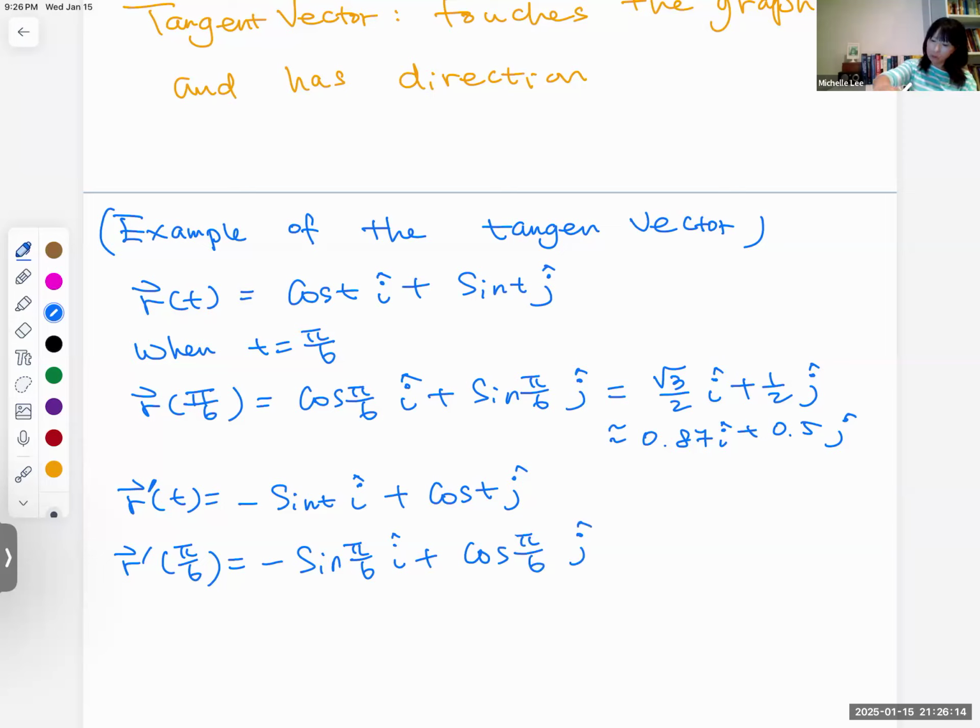So that will be negative 1 half i hat plus square root of 3 over 2 j hat, approximately negative 0.5 i hat plus 0.87 j hat, right?